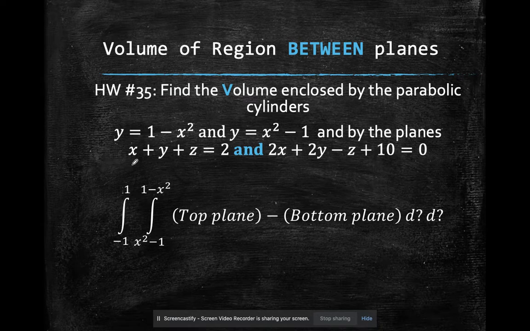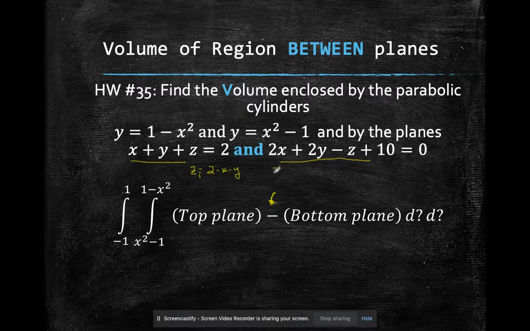So remember I said I've got two planes. Those are my flat surfaces. They're just not flat on the floor or a wall or the ceiling. But one of them is on top of the other. So my integral needs to be, just like in Calc 1, right? Top minus bottom. So I have to be able to figure out who is my top plane. Well, let me rewrite these in terms of z, right? So I have z is equal to 2 minus x minus y.